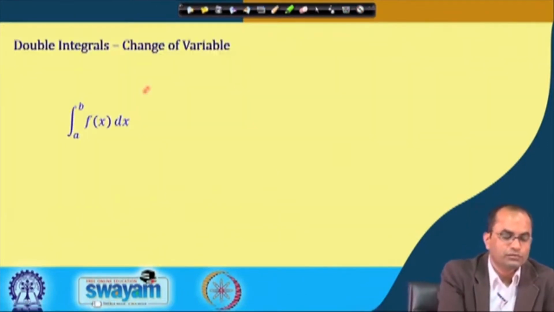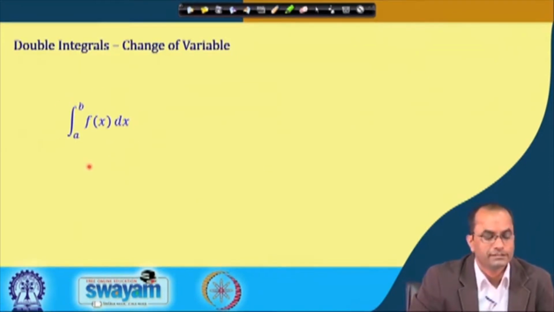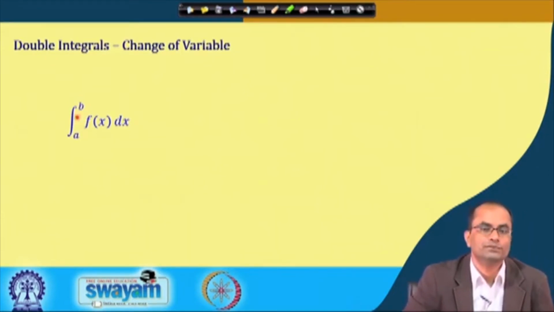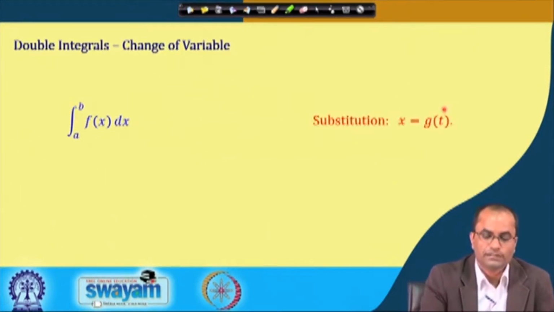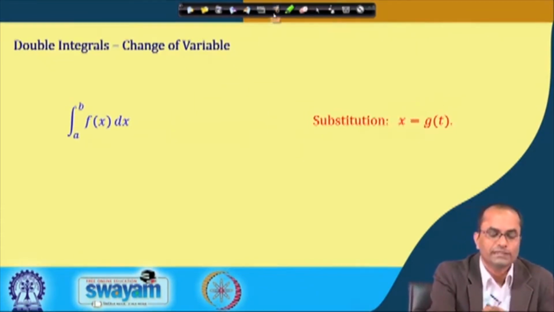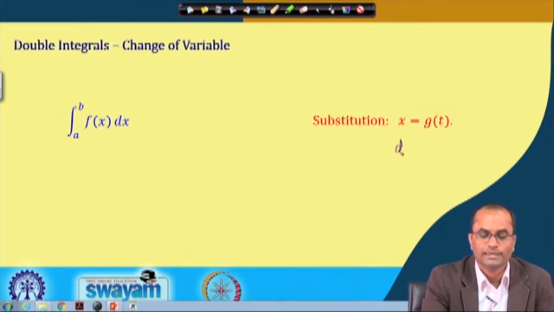So, just to recall, if we have a single integral f x dx, and the limits of x varies from a to b, and we want to substitute now to a new variable, x to let us say the t here by this relation x is equal to g t. So, what we do, we immediately get what will be our dx from here.